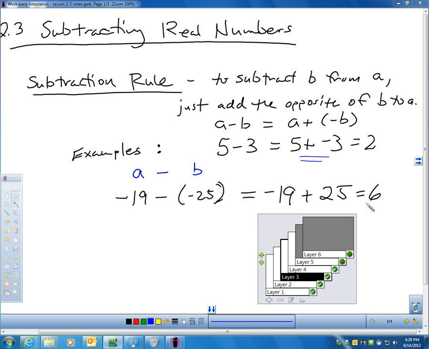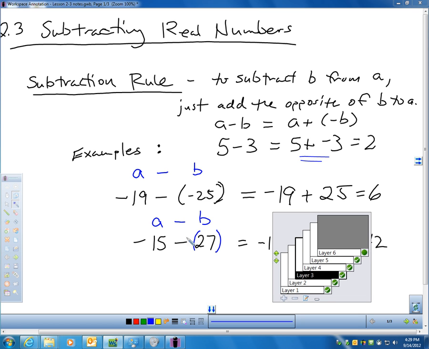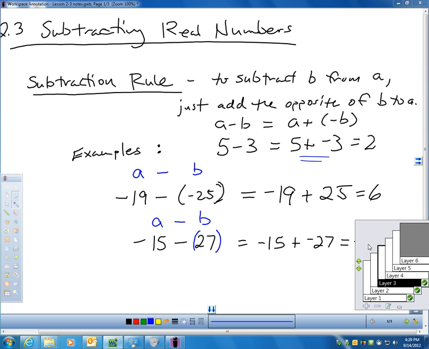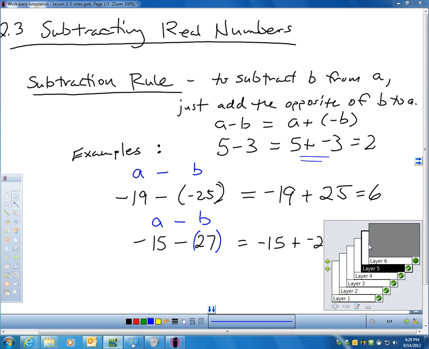Negative 19 plus 25 is 6. Or here's a second example, negative 15 minus 27. I could easily change that to negative 15 plus negative 27. 15 plus 27 is 42, and it's negative 42.